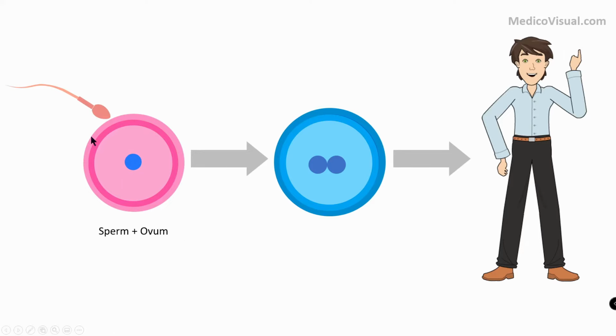When they fuse, when they undergo the process of fertilization, the cell that is formed is called a zygote. Zygote literally means to conjugate. So from the zygote, the complete organism is formed.